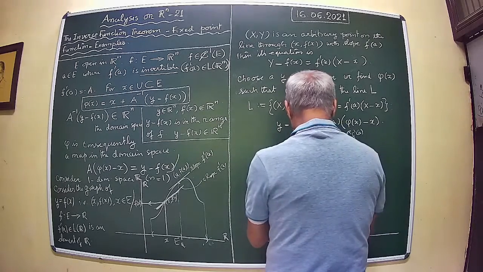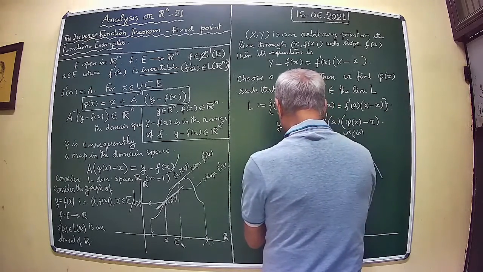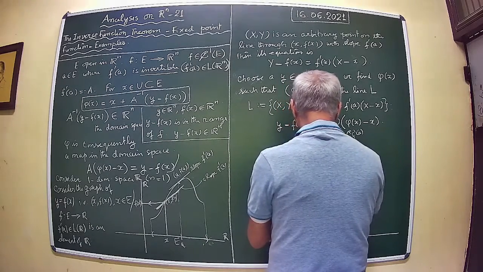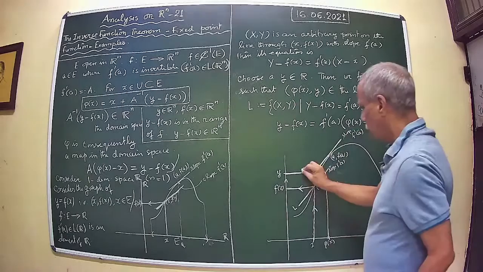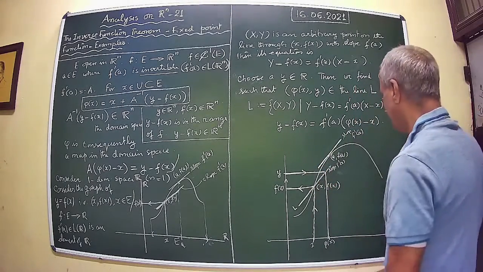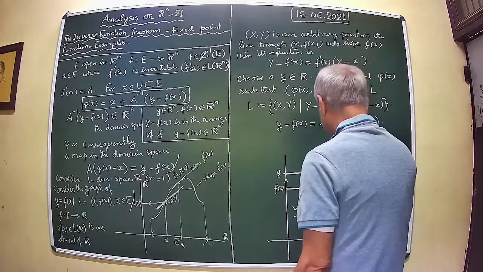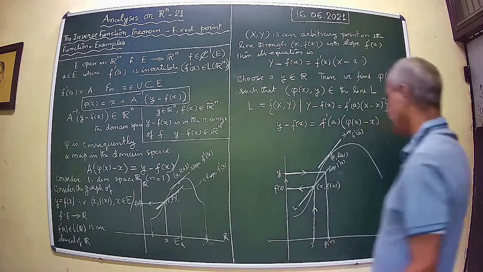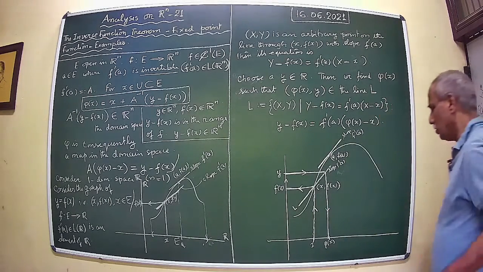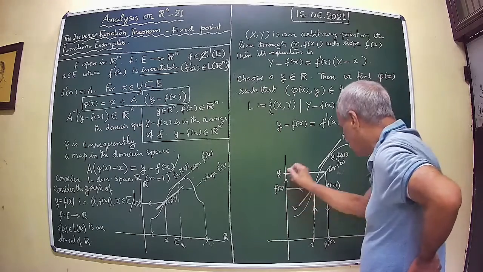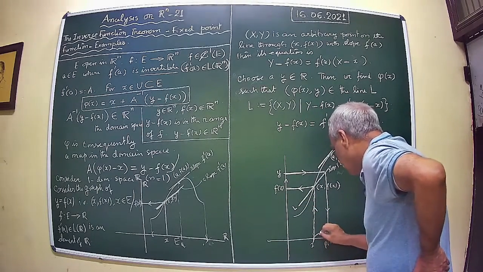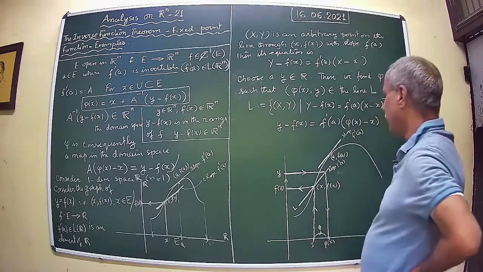So you go like this, I'll mark it, then reach the phi y that you have chosen, go parallel until you meet the line L, and from there you find out the x coordinate of that space. So this is your phi x. So what you are doing is, through this process you are defining a map on the domain space. This is your phi map.